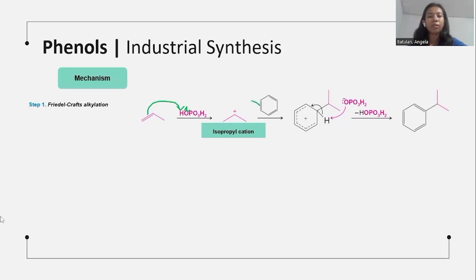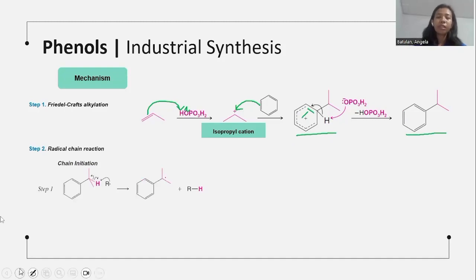Tapos, ayun na, mag-electrophilic attack tong si benzene, dun sa isopropyl cation to yield this intermediate which is called as arenium ion. Tapos, itong dihydrogen phosphate natin in order to, para mabalik yung aromaticity, kasi hindi na to aromatic eh. So, mag-abstract siya ng proton, tapos mag-form ulit yung double bond. So, ito na yung magiging product natin, yung isopropyl benzene.